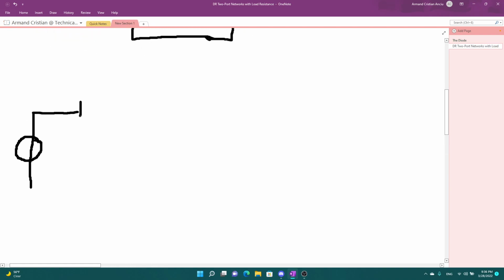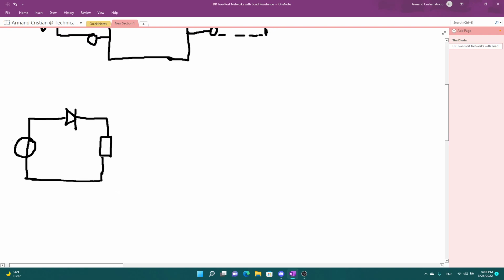We have a voltage source, we have a diode, and a resistor. So of course we have the usual parameters: the source voltage, the diode, and the resistor.